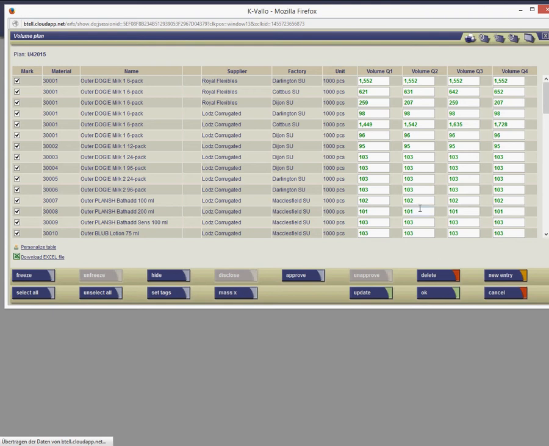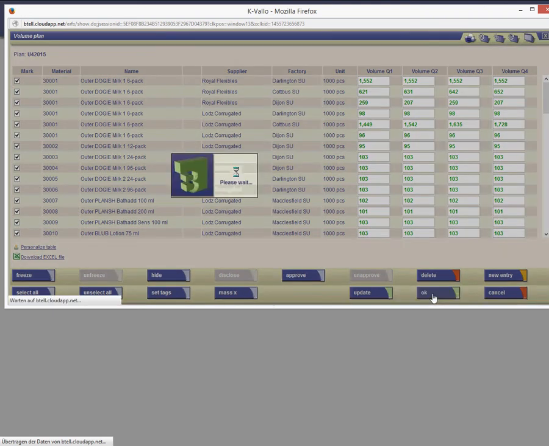But now we have increased the volume for the planning period, and let's have a look at what it does to our variance analysis.